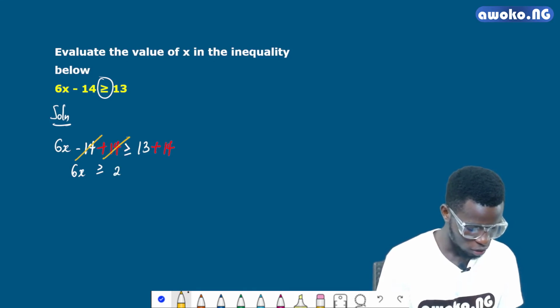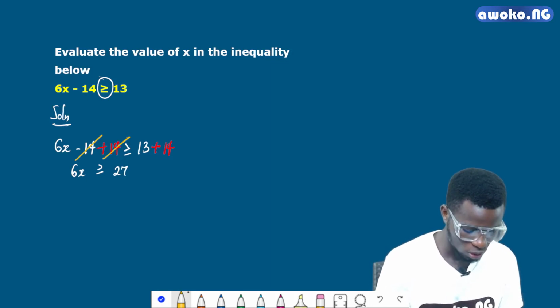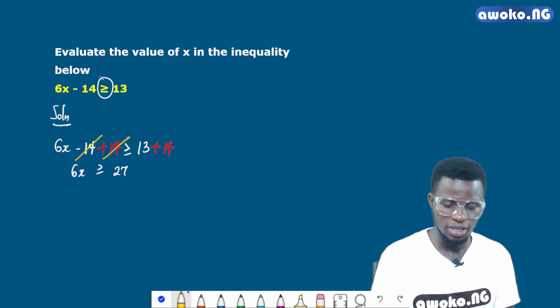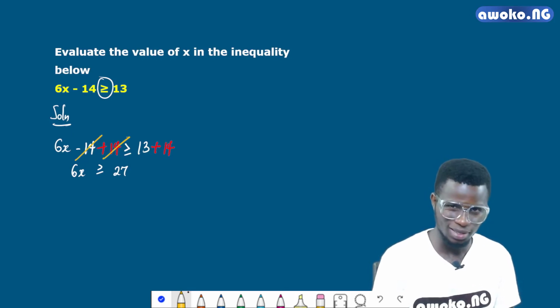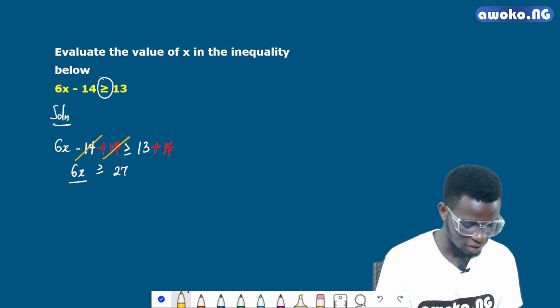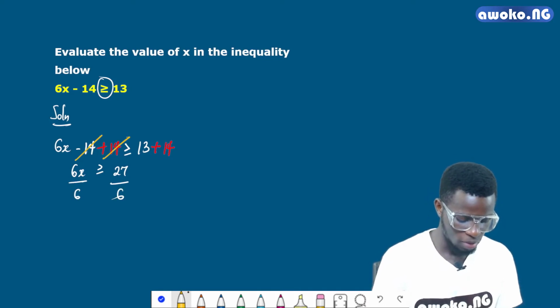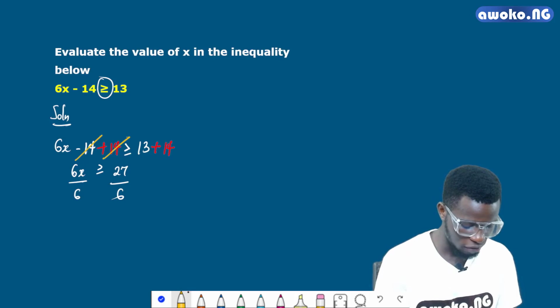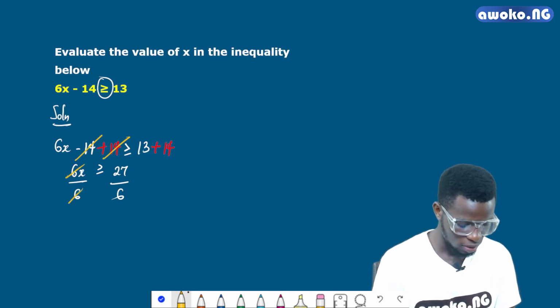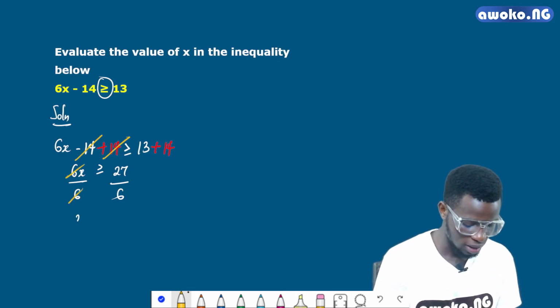So 27. To make x stand alone, we have to divide through by 6, the coefficient of x. If I divide through by 6, this will cancel out, and x will be standing alone. So x will be greater than or equal to 27 over 6.